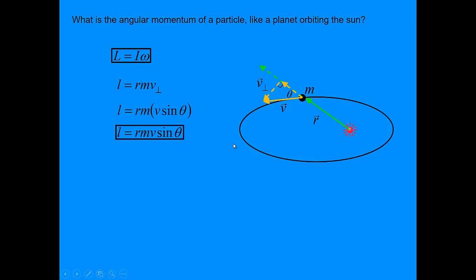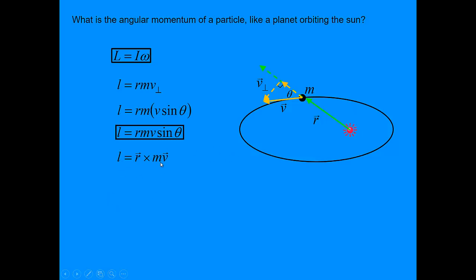I hope that sounds familiar, because in vector algebra, that's a cross product. Remember how we did that with R cross F for a torque? It was the perpendicular part of R and F that created a torque. So same kind of thing here. It's the same vector algebra.